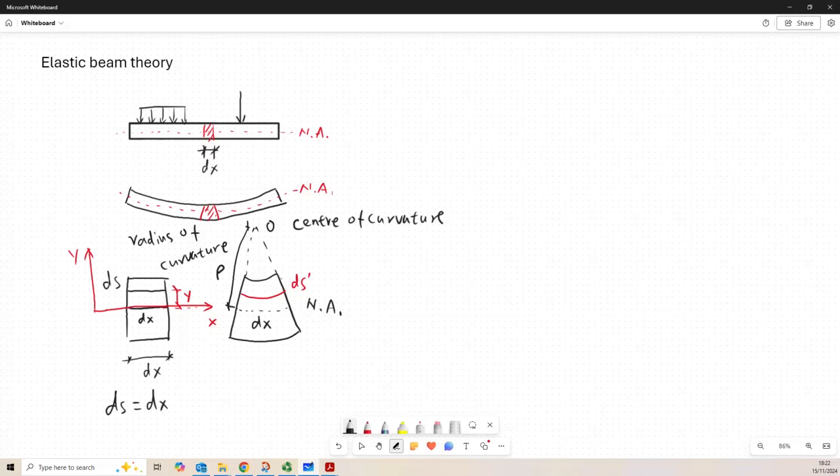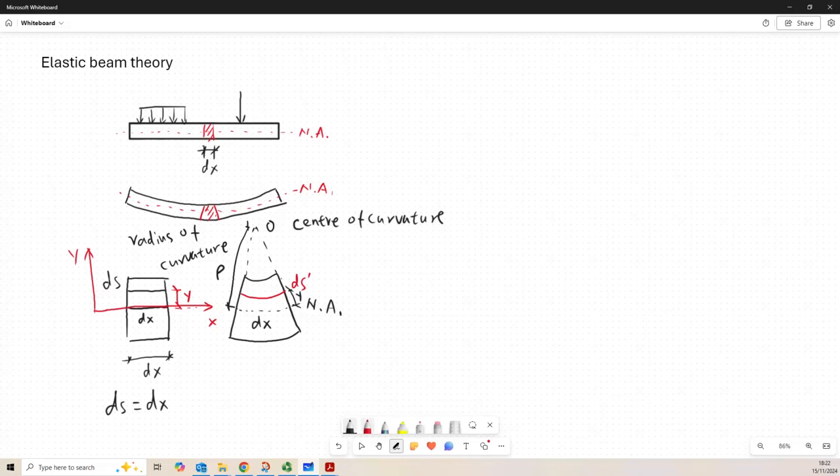So O is the center of curvature, and rho is the radius of curvature. The distance between O and dx is rho, and we know the distance between ds and dx is y. We put it over here, so it's y.